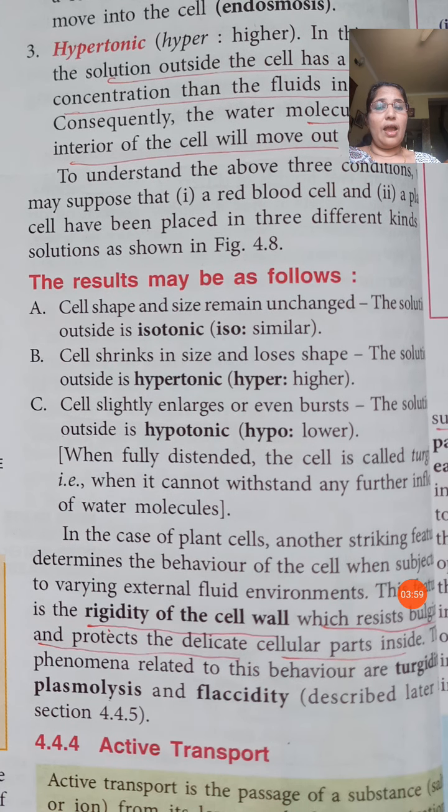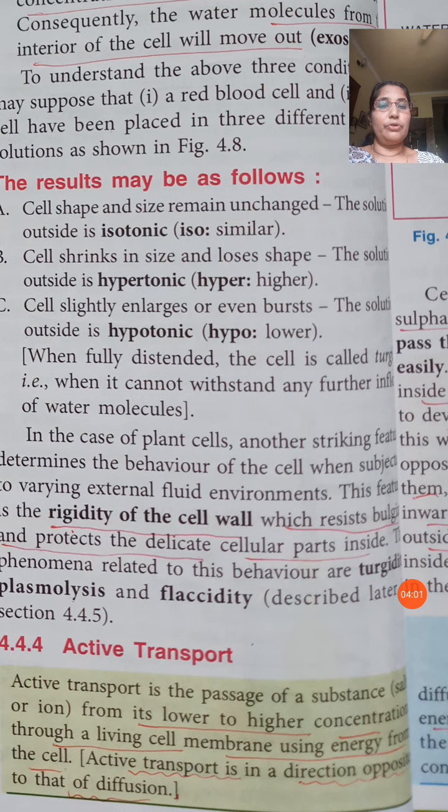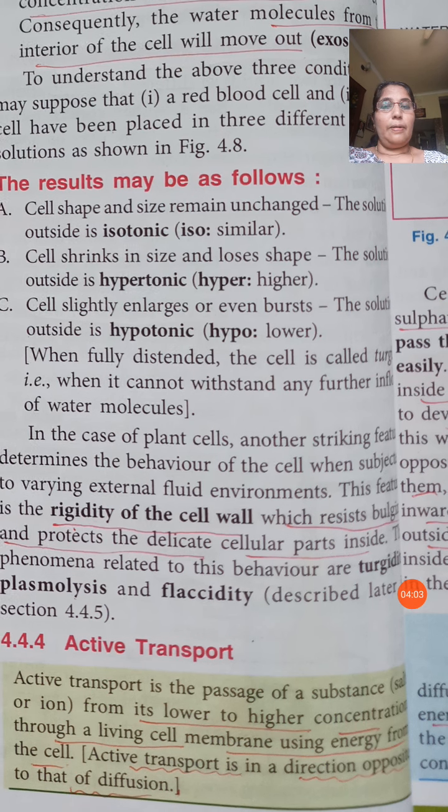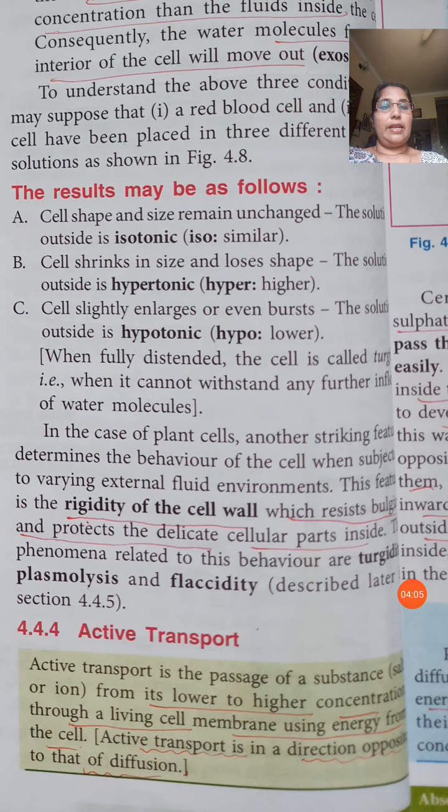Then another important thing you have to notice here. In the case of plant cells, another striking feature determines the behavior of the cell when subject to varying external fluid environment. This feature is the rigidity of the cell wall. We know that a plant cell has a cell wall around it, so it will resist the bulging.